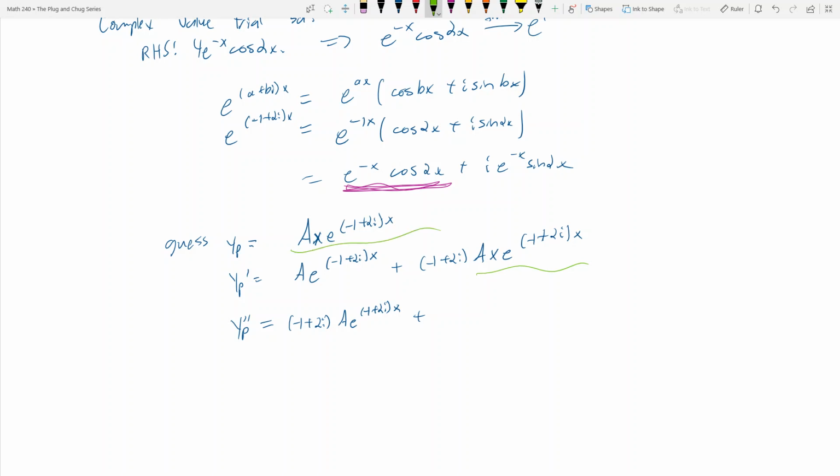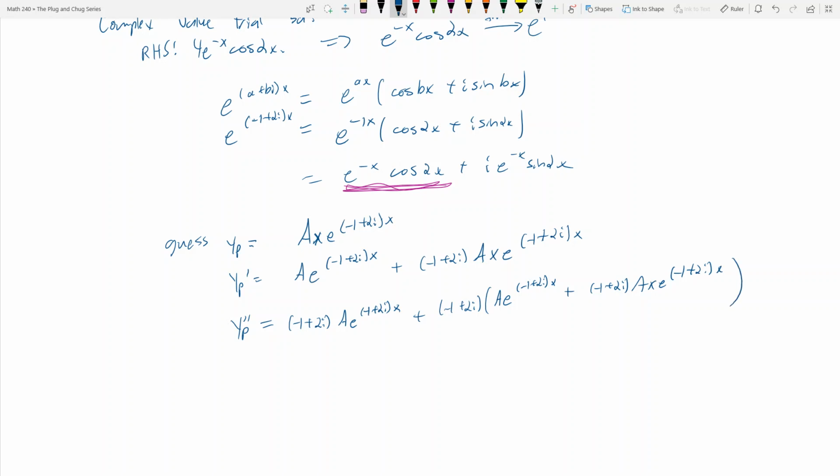So the derivative of a x e to the (-1 + 2i)x is just yp prime. And so now this becomes (-1 + 2i) times yp prime, which is a e to the (-1 + 2i)x plus (-1 + 2i) a x e to the (-1 + 2i)x.